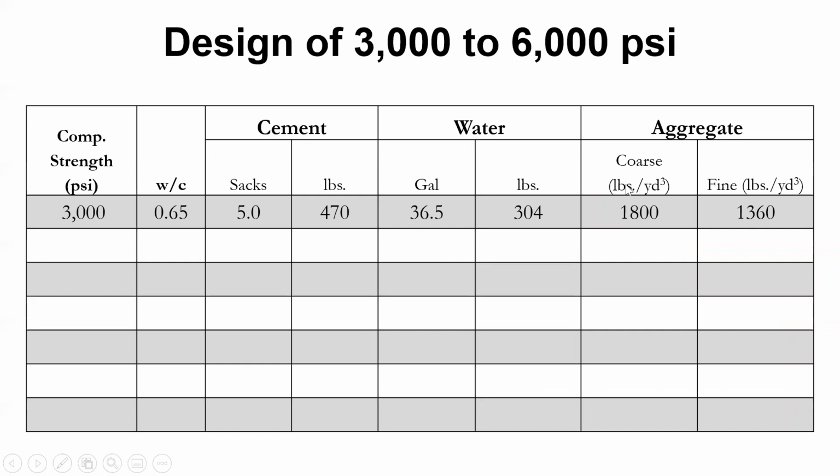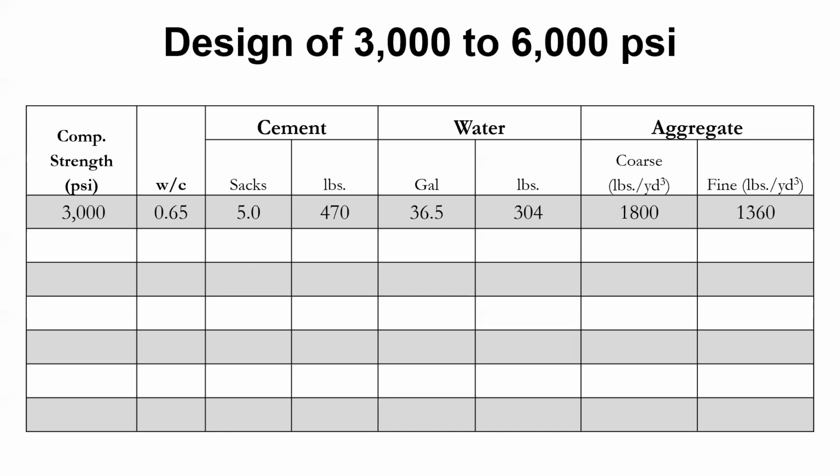So this is what I did. I started out with a basic 3000 PSI mix, very similar to what we've been using. I put gallons in a lot of stuff I do because that's how you batch. 8.34 pounds is in a gallon of water.